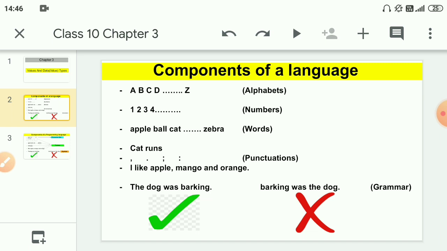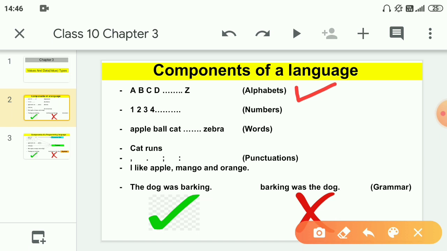So if we talk about a normal language which humans use for communicating with one another, let's take the example of the English language. In the English language, you know that the fundamental component of the language is alphabets, isn't it?